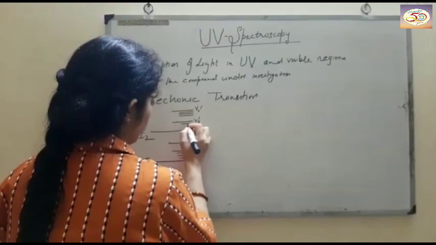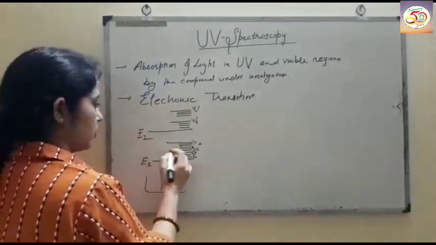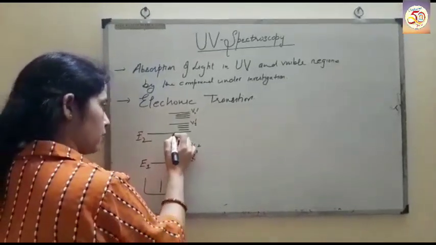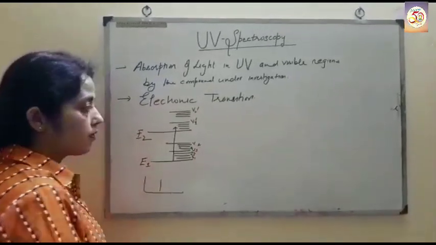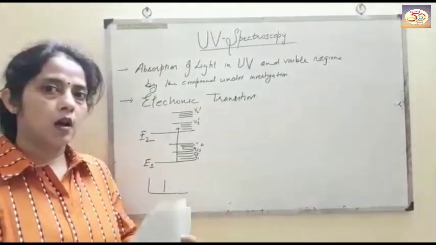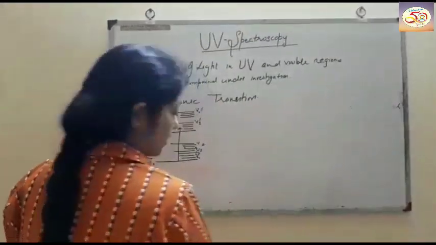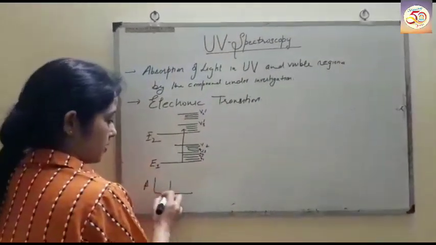It means if we go from one electronic level to another electronic level, vibrational and rotational levels also get excited, and we never get a single line in the spectra.